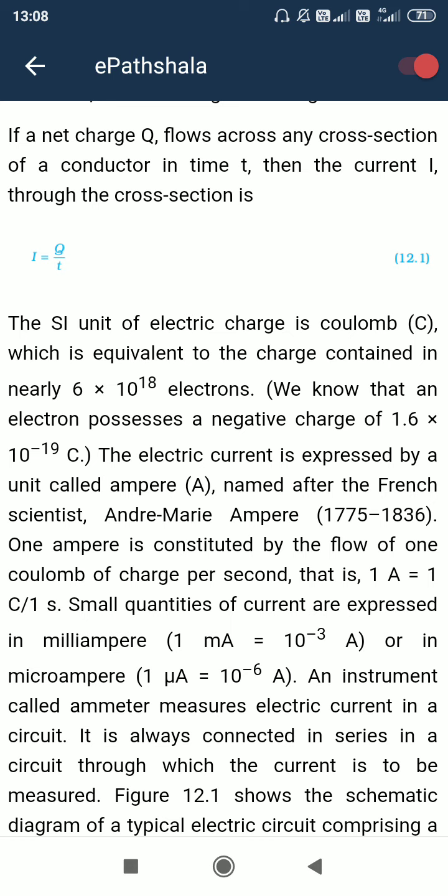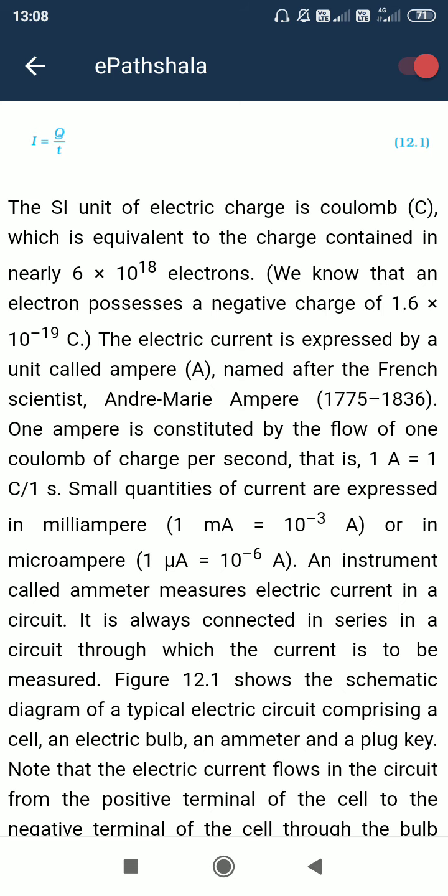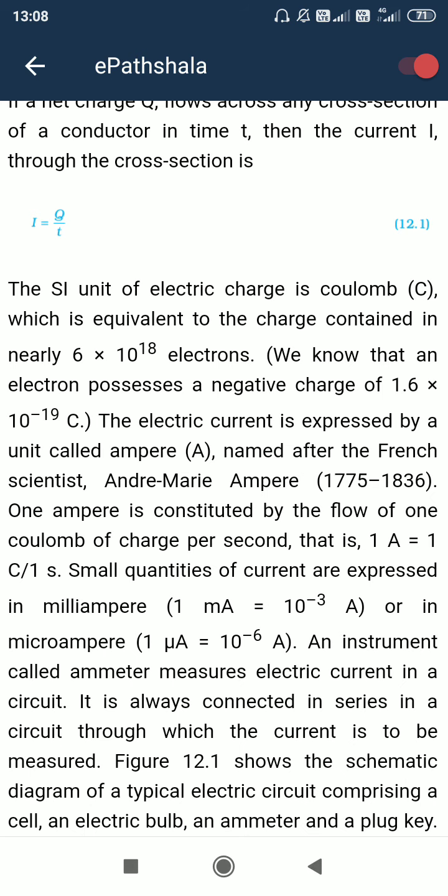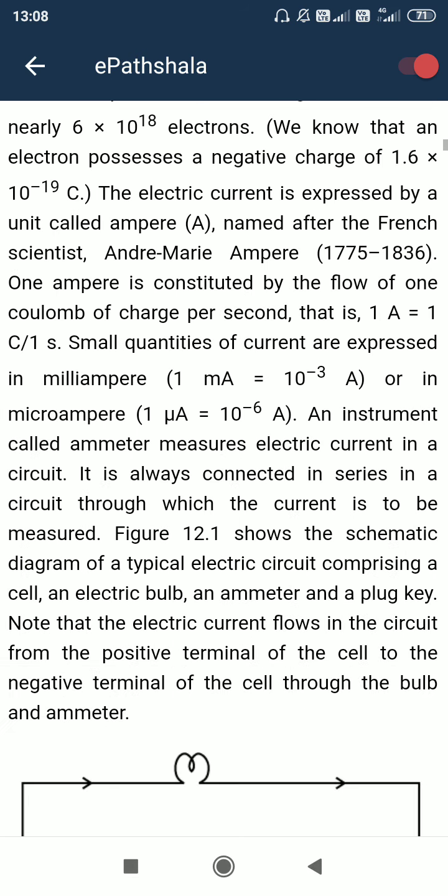If in time T, an amount of charge Q moves from space A to space B, then we calculate electric current I equals Q by T. That means the total charge moved divided by the time taken for that movement. The unit of Q is the coulomb, time is in seconds, and I is in amperes in SI units.